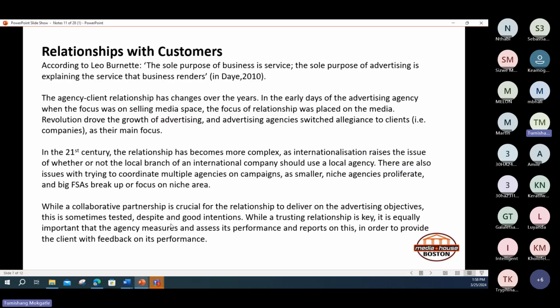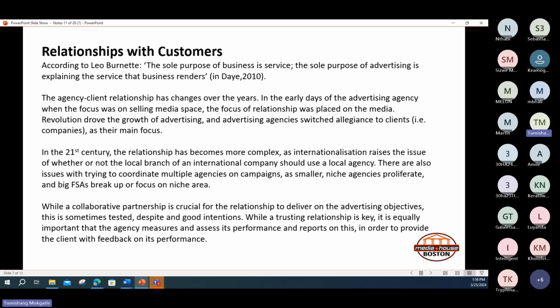Now, let's start. In this slide, we are talking about the relationship between an advertising agency and its customers. How are they supposed to serve their customers? How are they supposed to deliver the work that the client would be requesting as a service?